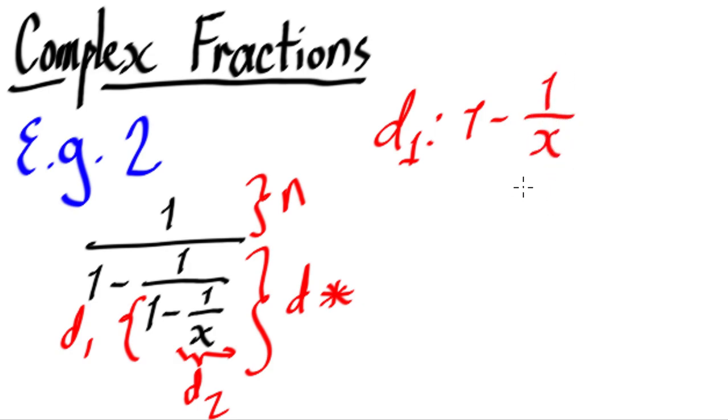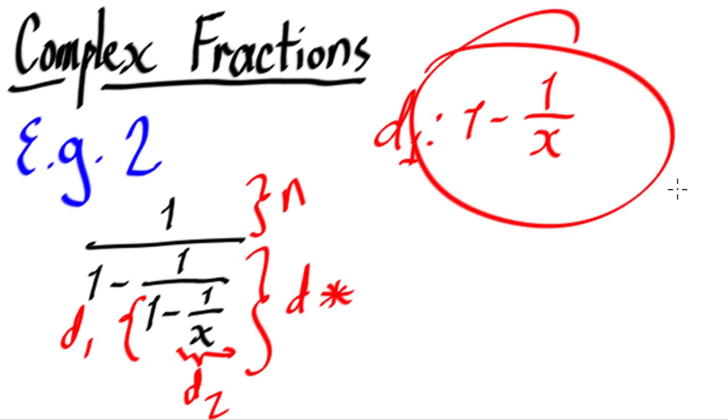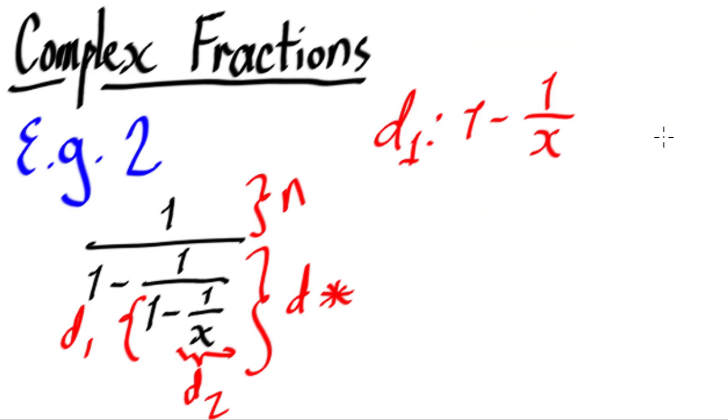We want to put this denominator over a single denominator to make it a simple fraction. So we first need to find the LCD. Imagine the 1 to be 1 over 1, and we have x as our LCD, since 1 times x, there's no common denominator, is x.